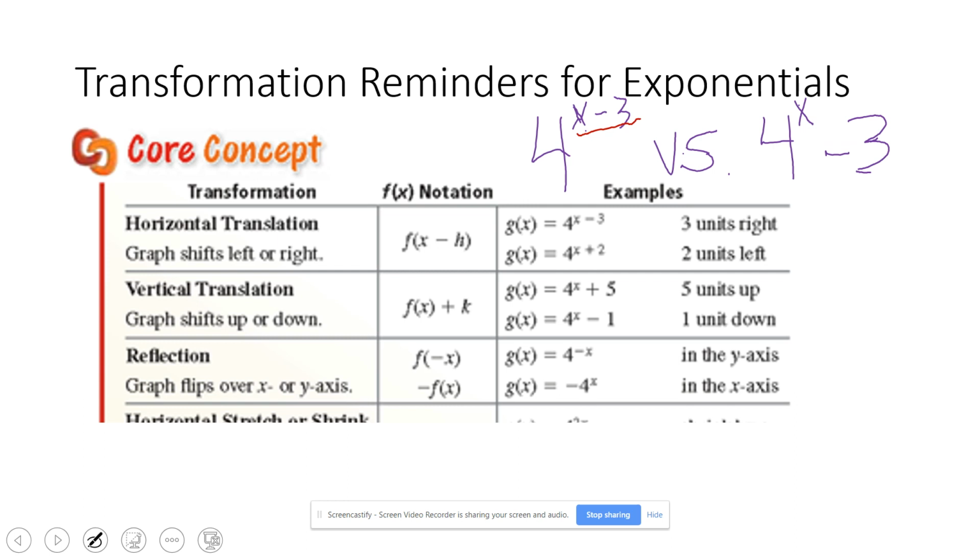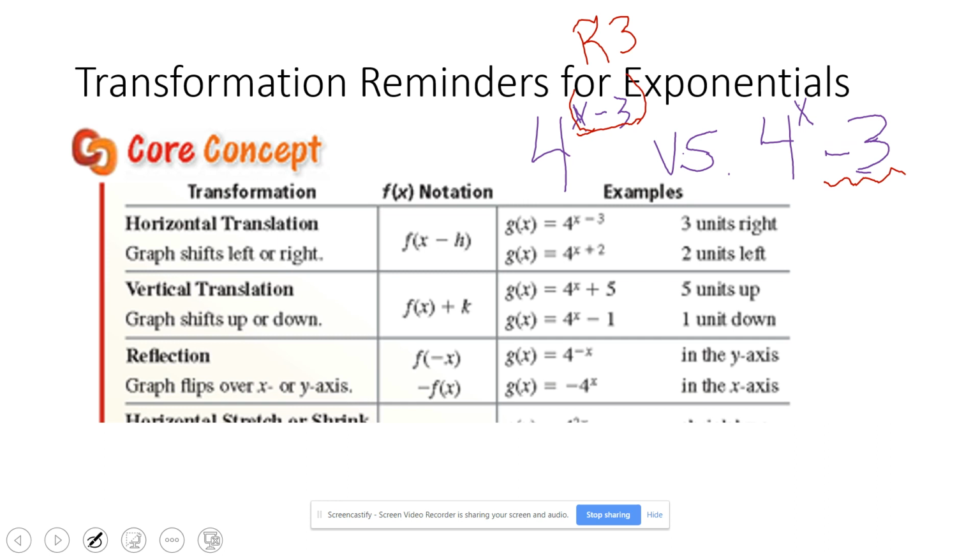So over here on the left, the minus 3 is grouped up with the x. So this is going to be moving our graph, or translating it, to the right 3.